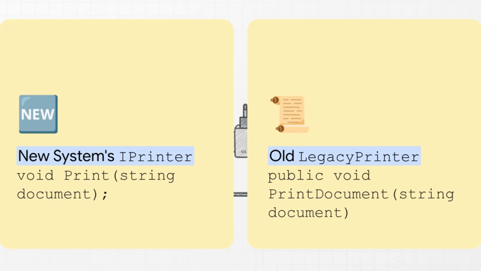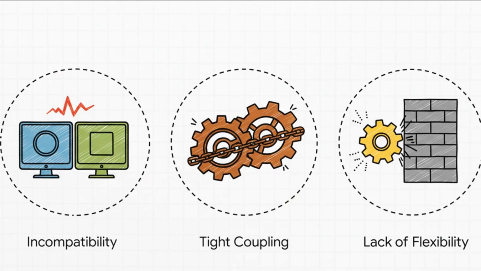Maddening, right? And you might think, oh, I'll just change the name. But hold on, because that's where the real trouble starts. That one tiny mismatch can cause some major architectural headaches. Yeah, sure, there's the obvious incompatibility, but the real danger is if you go in and start messing with that old legacy printer code.